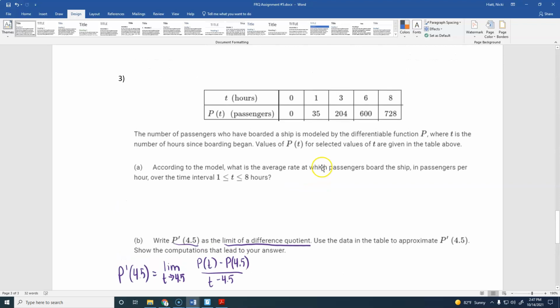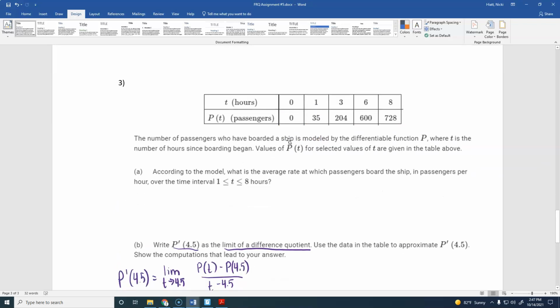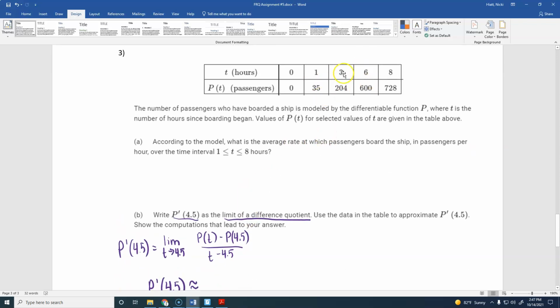The only way you're going to be able to estimate is using that table, because you don't have an equation for anything here. So you're just going to pick the points closest, which are 3, 204, and 6, 600.